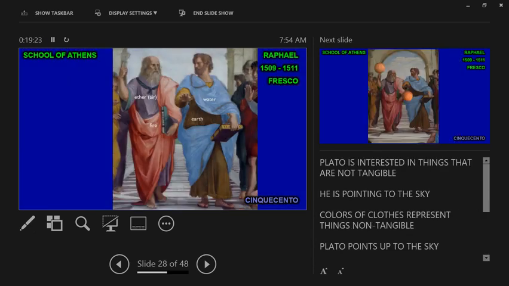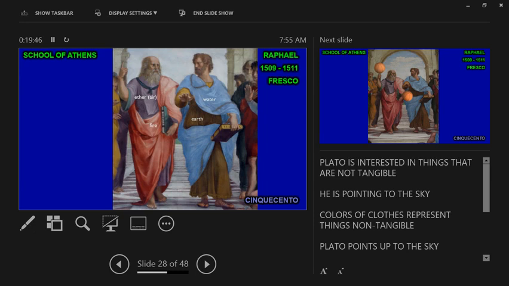colors of their clothes refer to what they are interested in. For example, Plato is in purple and red, which are symbols of air and fire. Right, so the colors of his clothes represent what he is interested in. Aristotle is more interested in tangible things like earth and water.